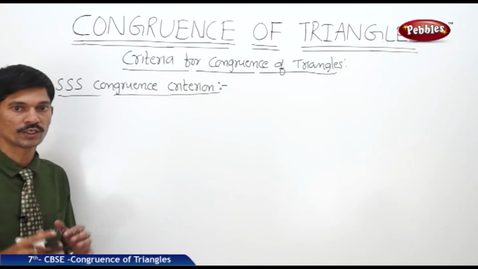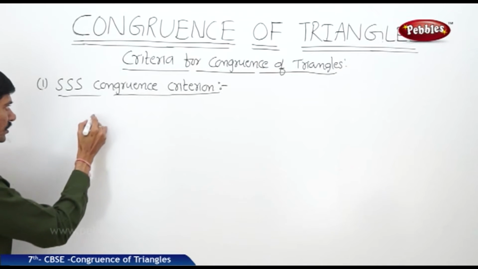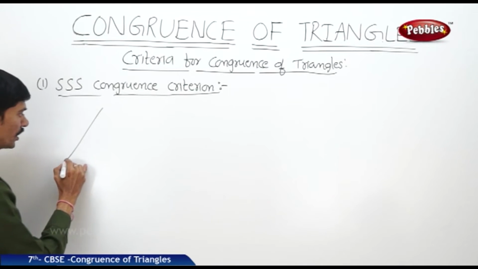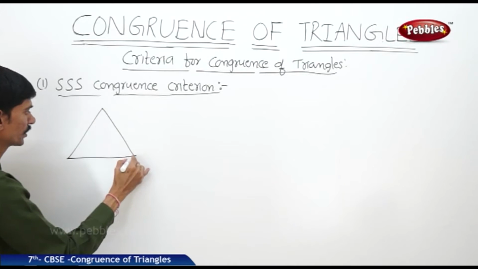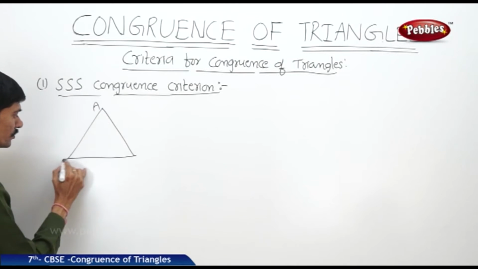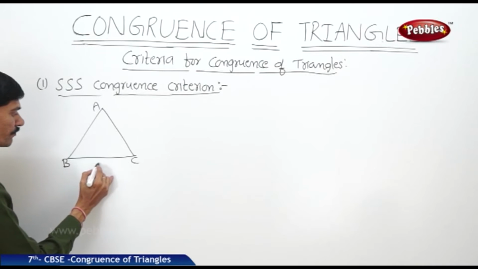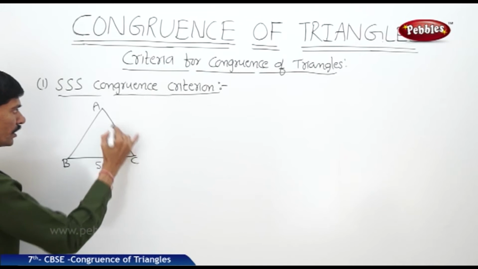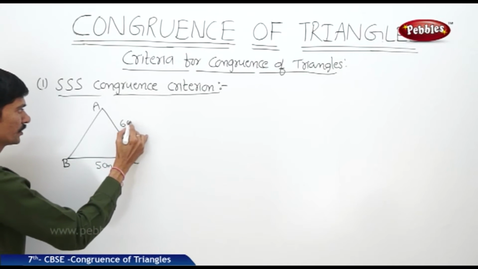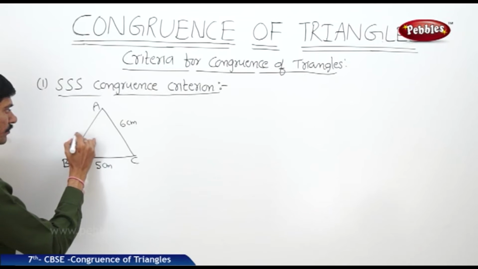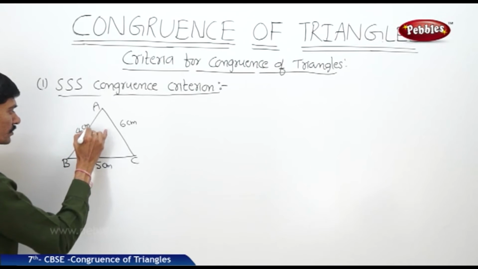For example, triangle ABC is drawn with the given sides and angles. The length of BC is 5 centimeters, AC is 6 centimeters, and the length of AB is, for example, 4 centimeters.